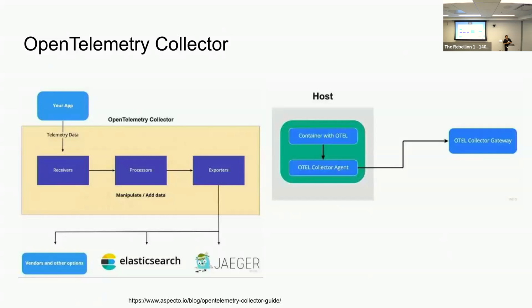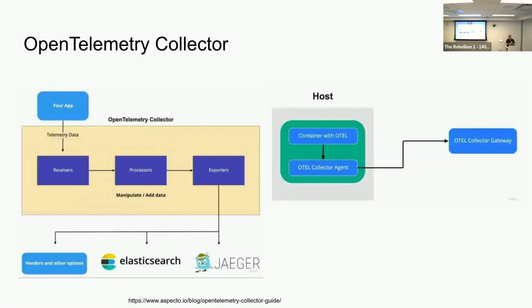one of the really cool things from the OpenTelemetry project is that they came up with something called the collector. When you write your applications and you have your telemetry data, whether it is metrics, logs, or traces, you send it over to the collector. The collector is composed of three things: the receiver, the processor, and the exporter. With the receiver, you can define the collector to receive data in various formats or through different mechanisms.